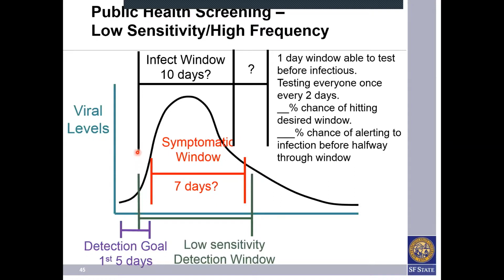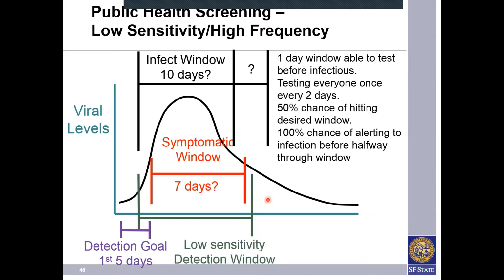What's the chance, because you have less sensitivity, you only have a 1 day window here between when the test is going to test positive and when the person is infectious. What's your chance, if you're testing someone every 2 days, what's their chance of hitting the window? About a 50% chance, right?